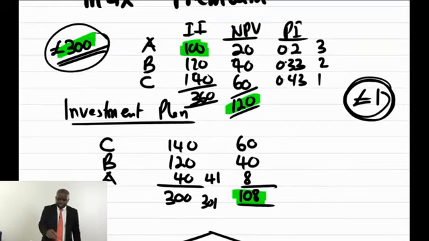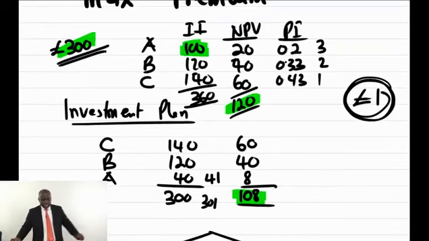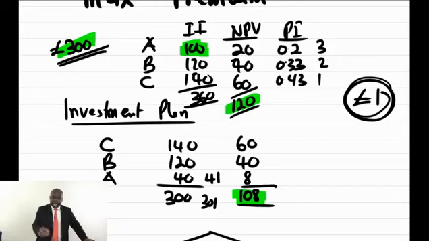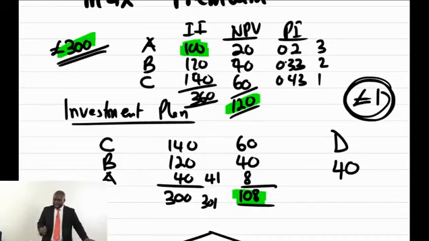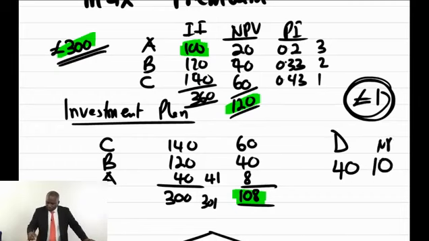If we have only 300, then there will be the need for us to do a new project called Project D. Project D will need £40, and Project D will bring NPV of 10. Okay? Should we undertake Project D?